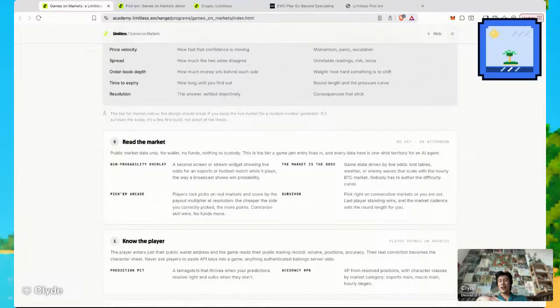The other thing you could do with this public market data is some kind of mechanic where the market is the boss, is what I'm thinking about. The game state, loot chances, and waves could actually scale with certain markets. Obviously, in this case, I'm just referencing the hourly BTC market.